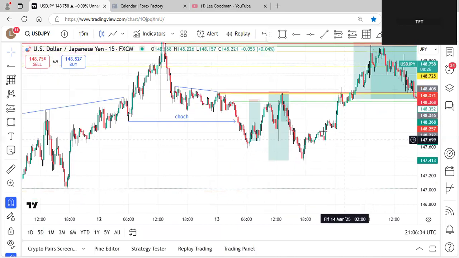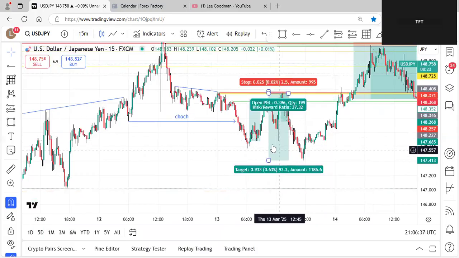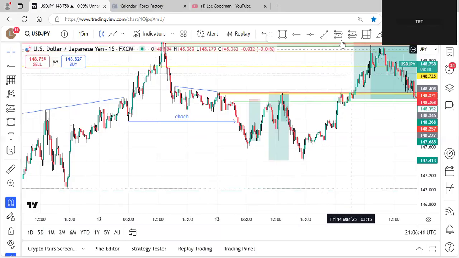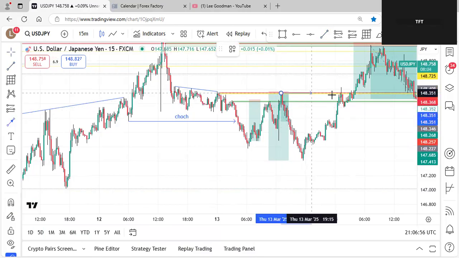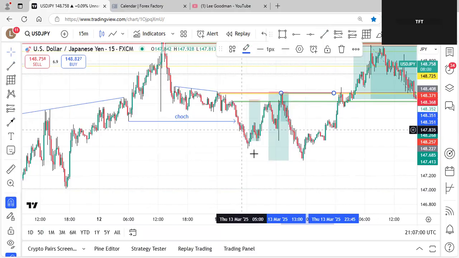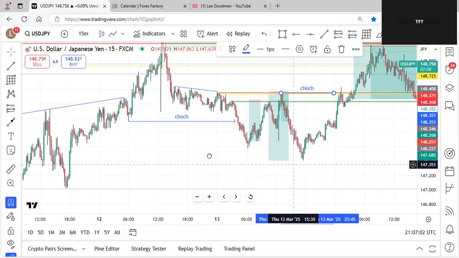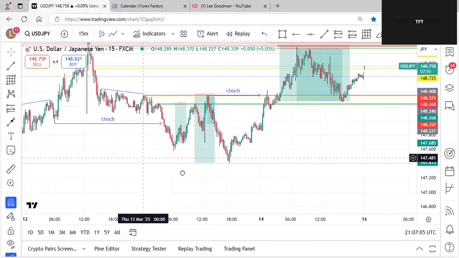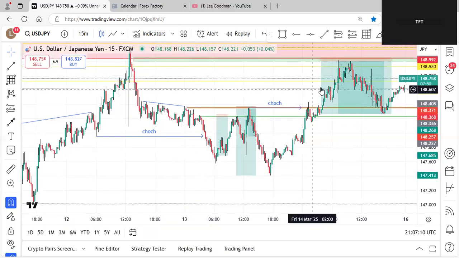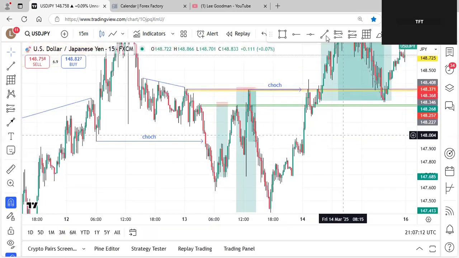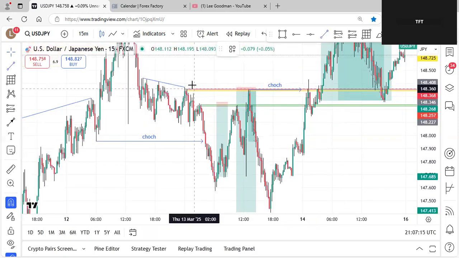The 4-hour imbalance is around about here. Just wondering if we've got a setup for a buy lining up, because we are downtrending here. This push up would be the change of character.